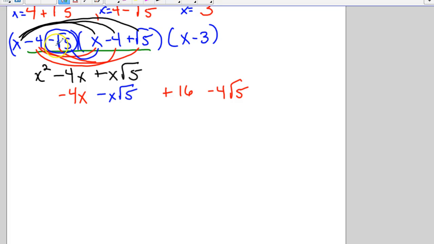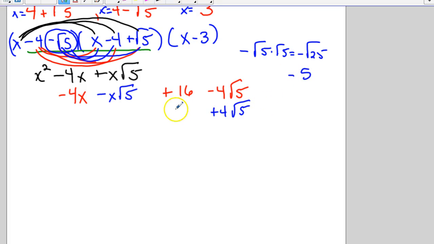Then I'm going to multiply negative radical 5 by a negative 4, and that's going to give me a positive 4 radical 5, because a minus times a minus is a positive. And last but not least, the negative square root of 5 times the square root of 5 is equal to negative square root of 25, but the square root of 25 is 5. So I put a minus 5 right there.